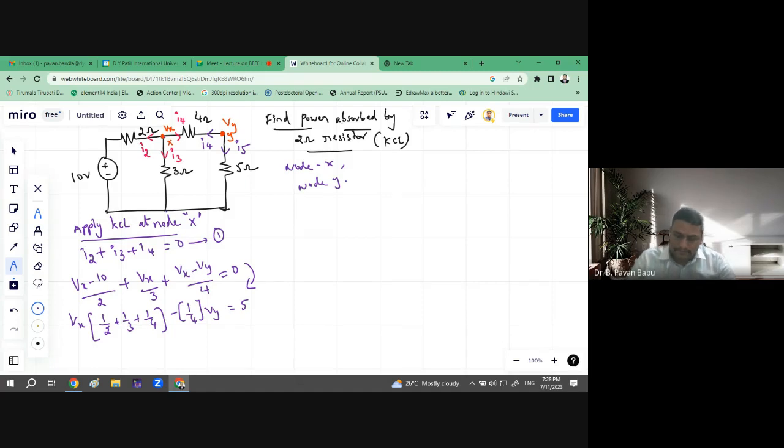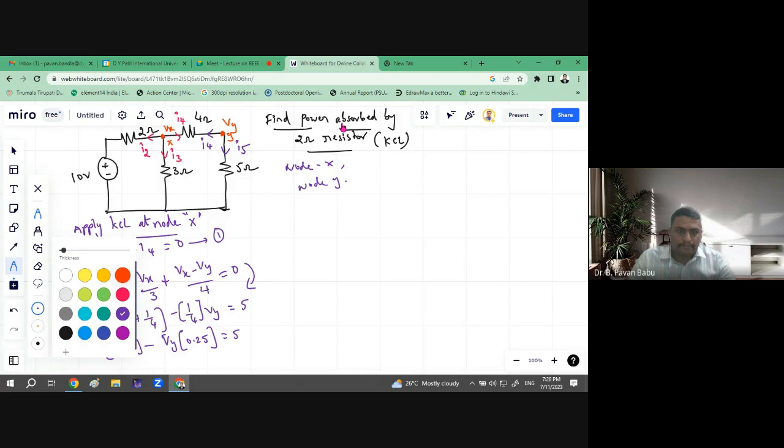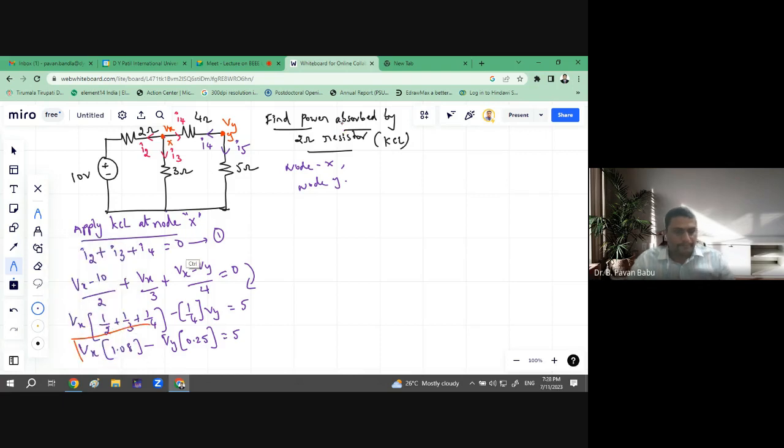So this is Vx into 1.08 minus Vy into 0.25 equal to 5. Let it be equation 1.